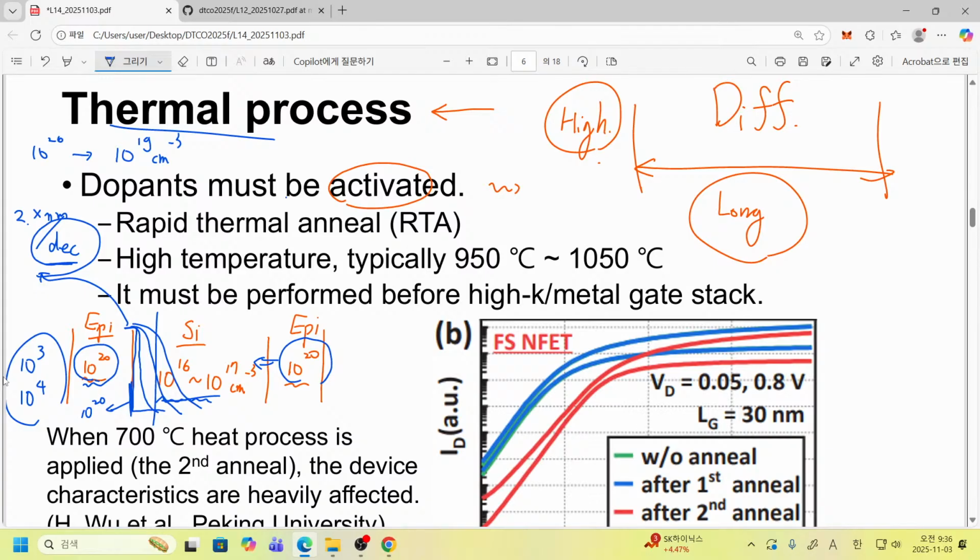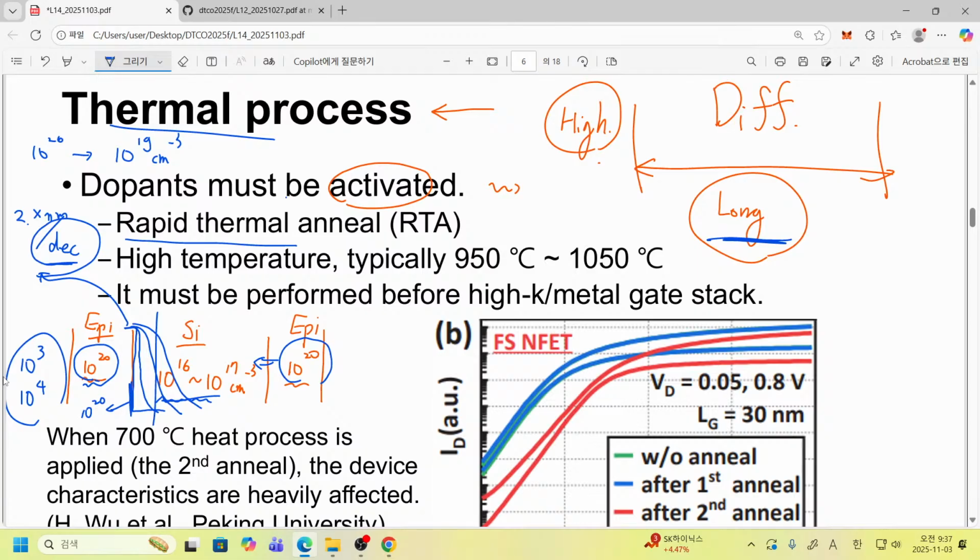The control of this doping is so severe that we cannot allow any kind of long diffusion. That's the reason why we must apply heat only for quite a short time. How short is it? It is on the order of just a few seconds, where we introduce quite a high temperature.